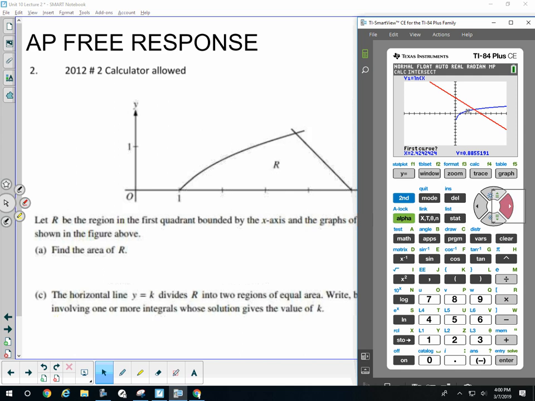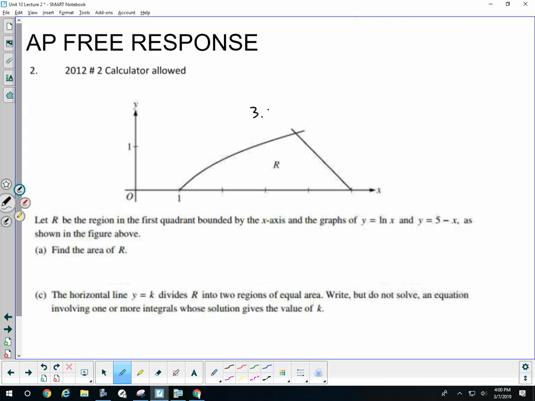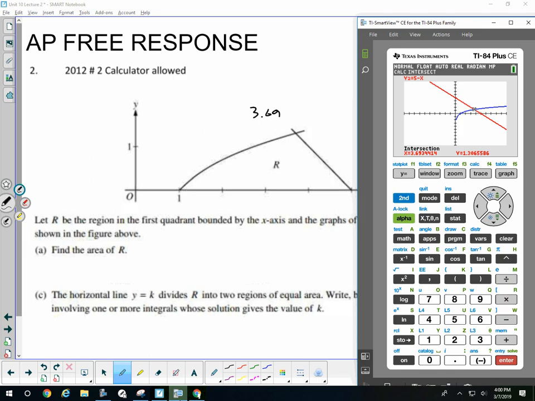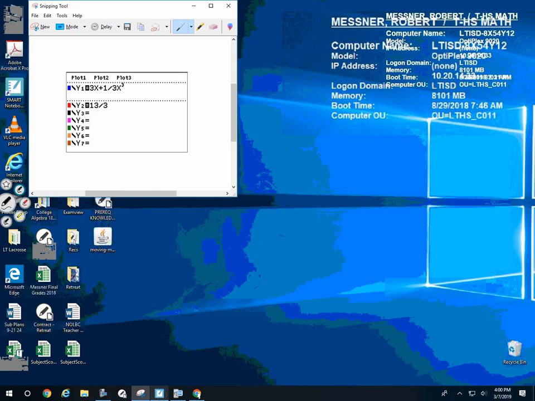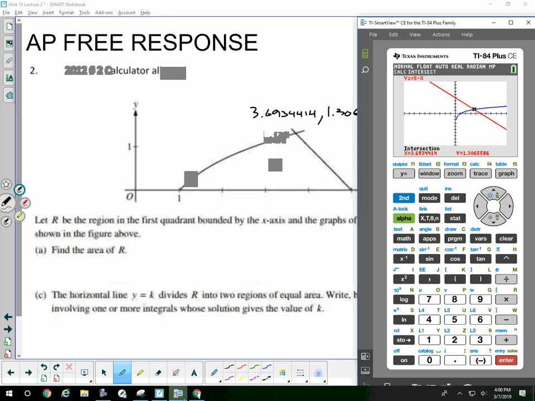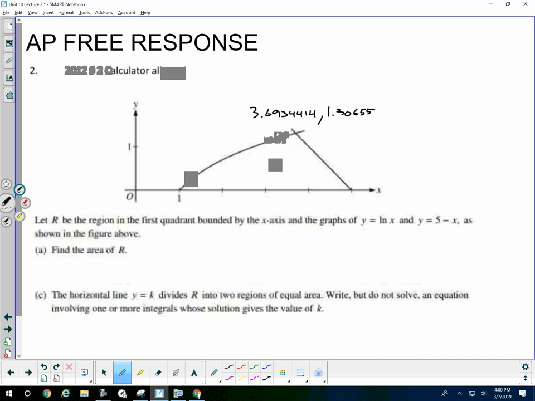The intersection is at .6934414 and 1.3065586. We need that.